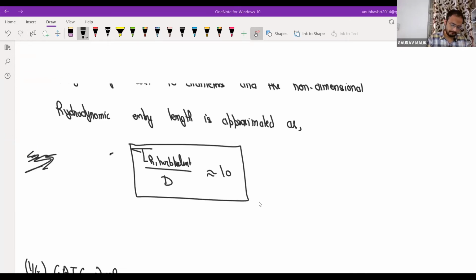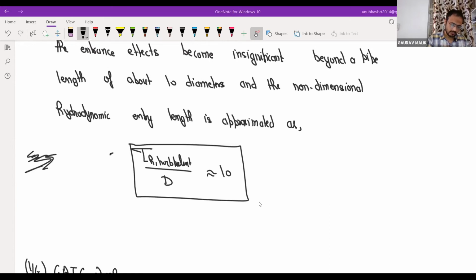Write down next question. 2 marks from this topic in GATE 2019.